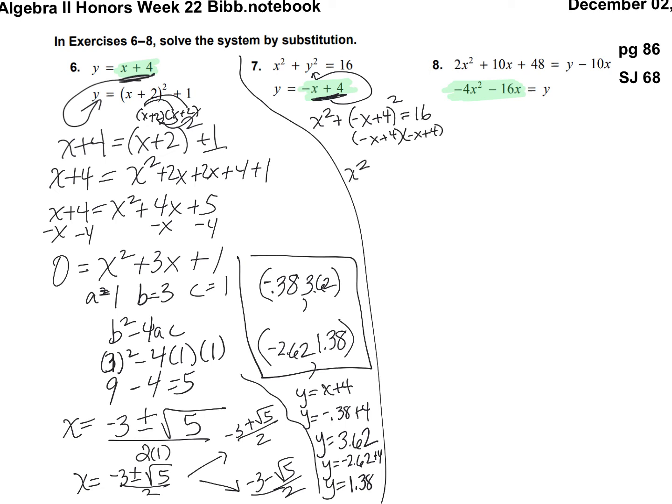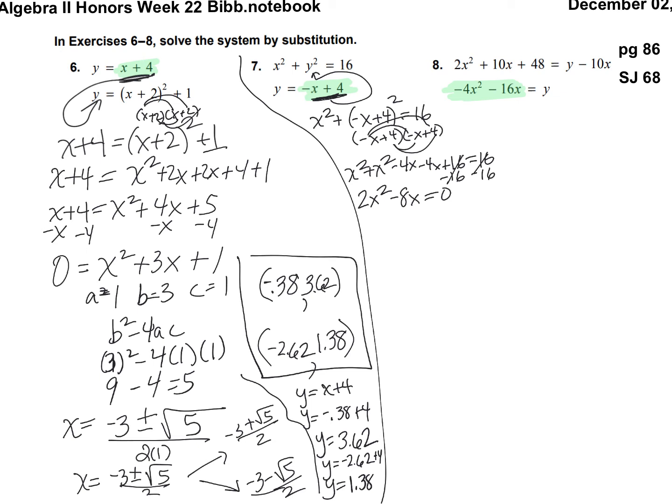X squared, multiply these two, that's plus x squared minus 4x minus 4x plus 16 equals 16, because that's what's on the other side. I'm going to combine like terms, so 2x squared minus 8x. I'm going to subtract this 16 to the other side, so those cancel out, so it equals 0.